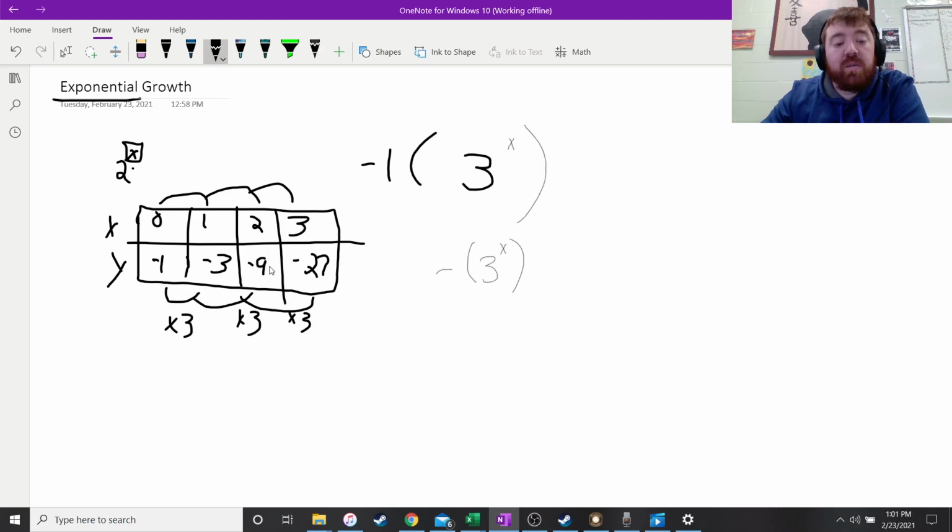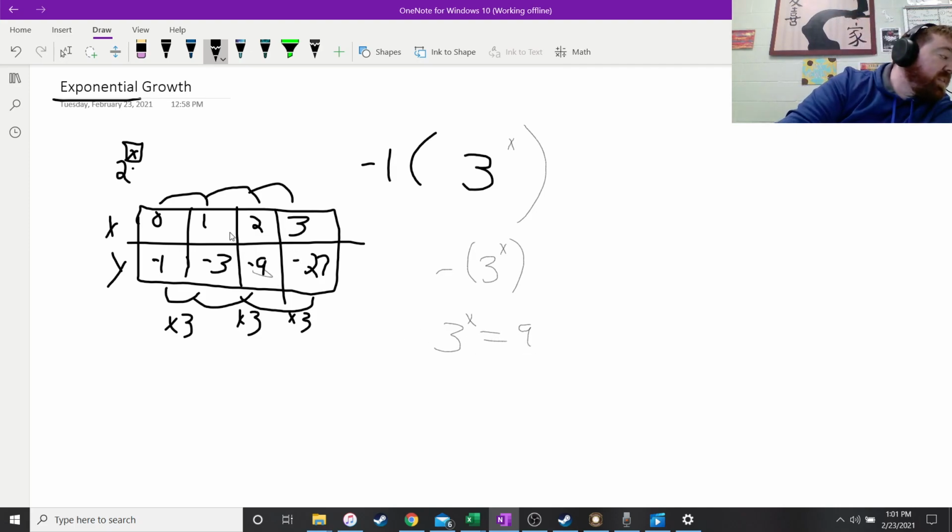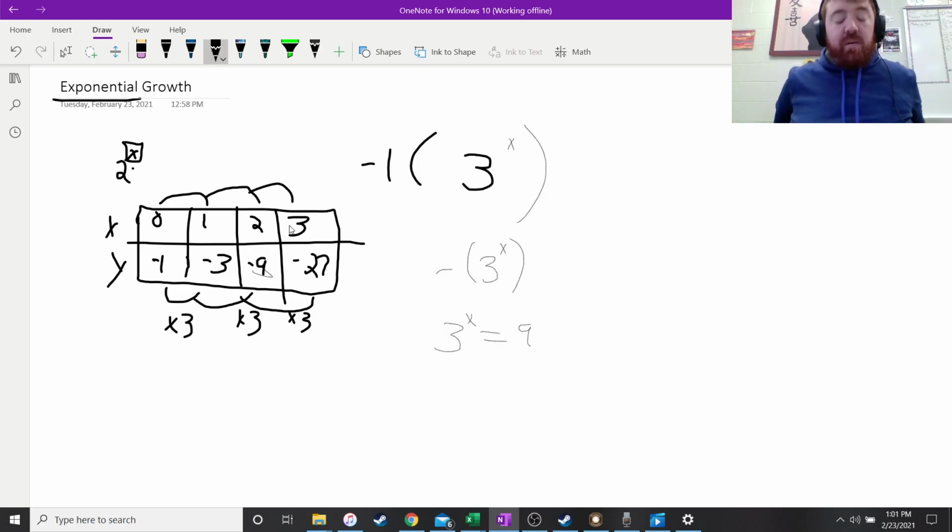Because here we always want it to be negative, right? So 3 squared, if it was just 3 to the x power, that would actually equal 9, not -9 like we have here. So therefore, we know that this is an exponential equation because we got that common ratio of 3.